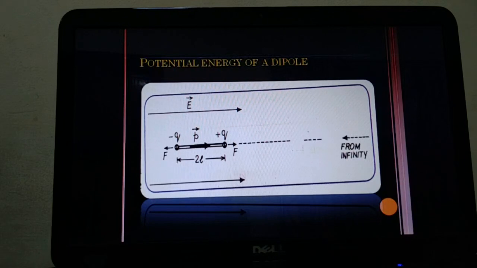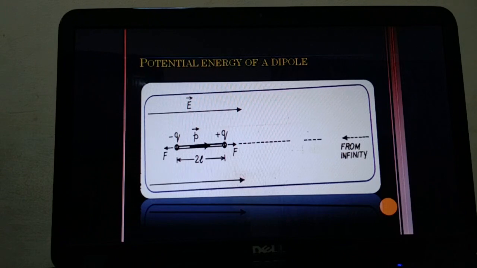Are you getting me? If both are kept at the same point, the work done will be 0. But for placing the minus q charge at an extra distance 2L from plus q, you have to do some extra work.